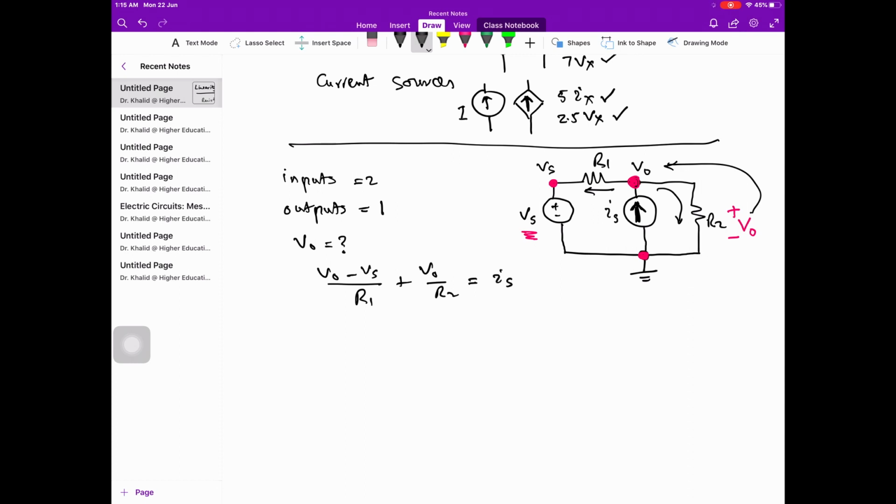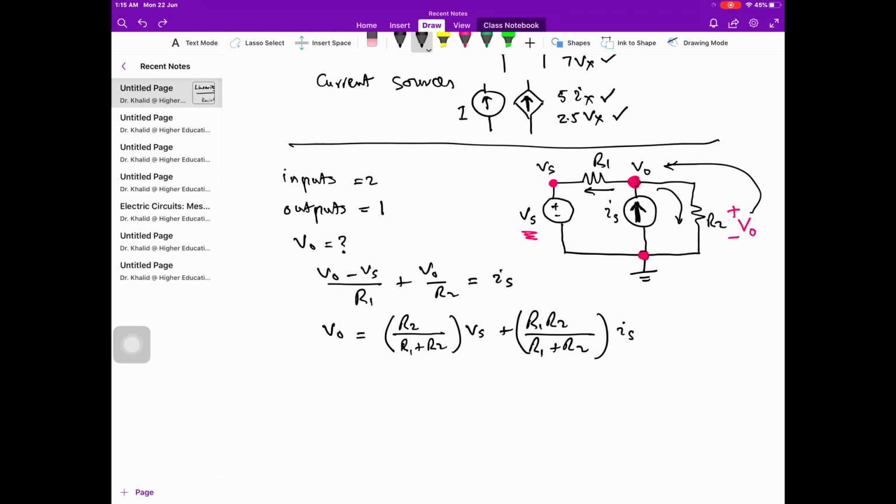If we simplify it, VO will be equal to R2 divided by R1 plus R2 times Vs, plus R1 R2 divided by R1 plus R2 times Is. You can do it by yourself.